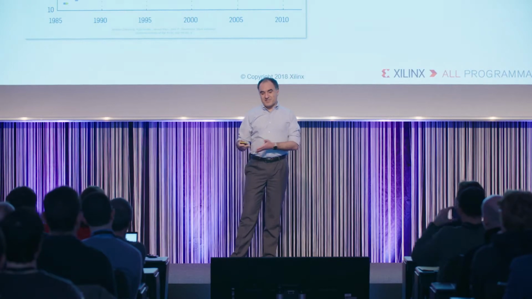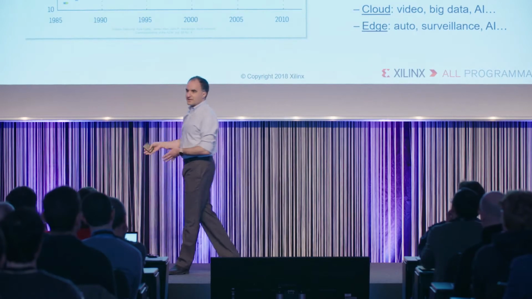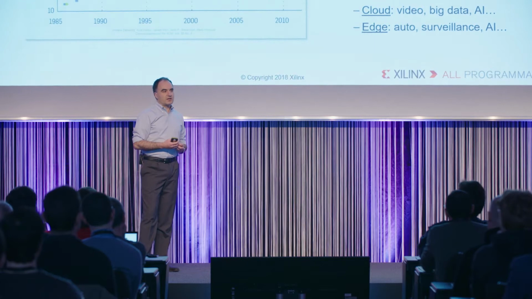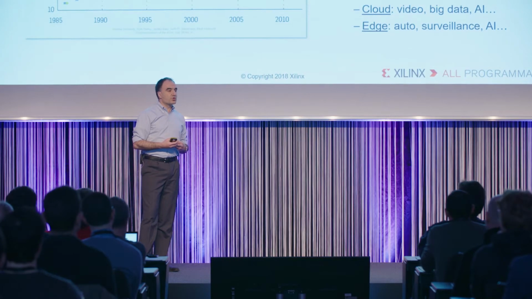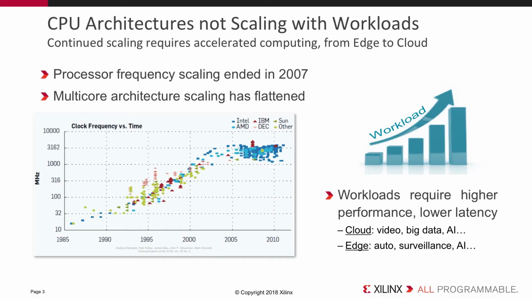However, at the same time, workload demand in the data center and at the edge is continuing to increase exponentially. For example, in the cloud, there is a huge demand on video transcoding with things like YouTube, Netflix, Amazon Prime, Facebook Live, etc., which not only require high performance, but also low latency when it's live.